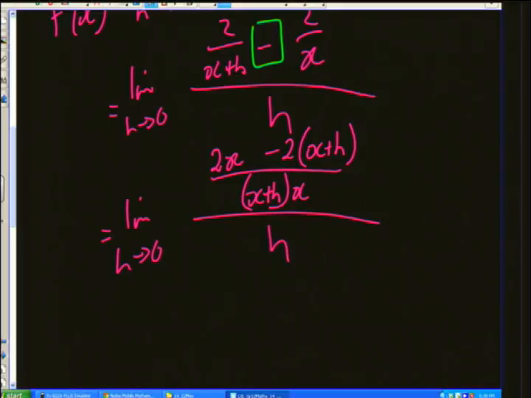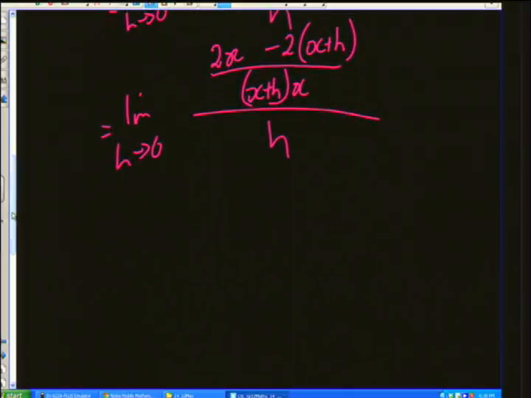So it's now getting a little bit messy because I've got denominator and numerator, and I haven't expanded. I'm going to expand the numerator, and we're going to see what it looks like. h tends to 0. Don't forget that. We're still letting that go. We've got h on the very bottom denominator.